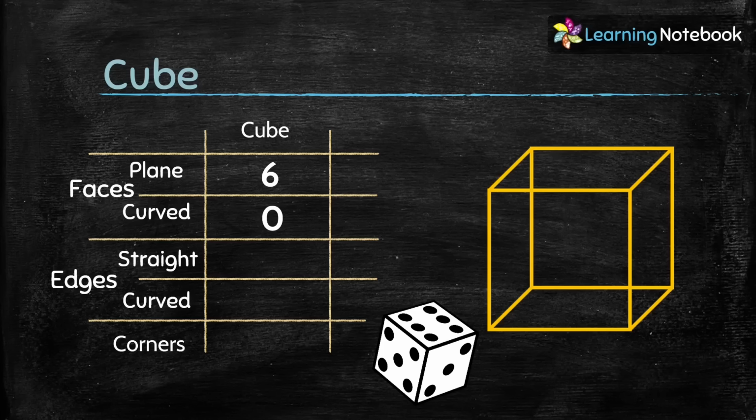Next, edges, straight edges, a cube has 12 straight edges. 4 on the front face, 4 on the back face, 2 on the top face and 2 on the bottom face.